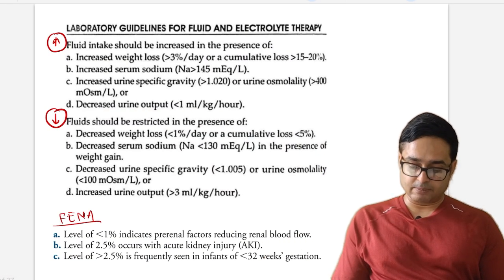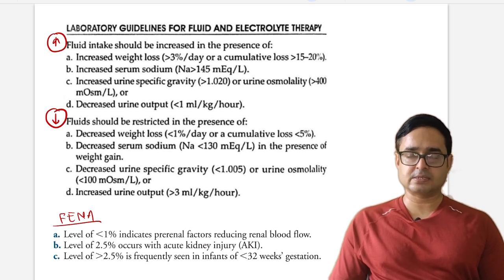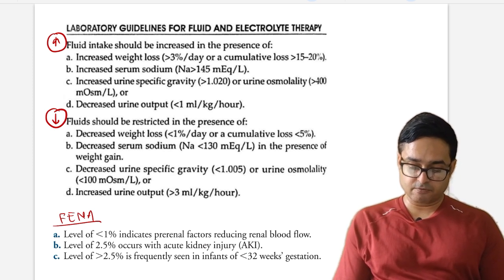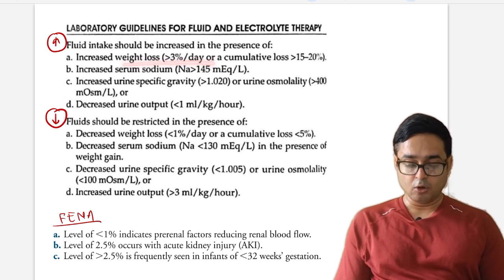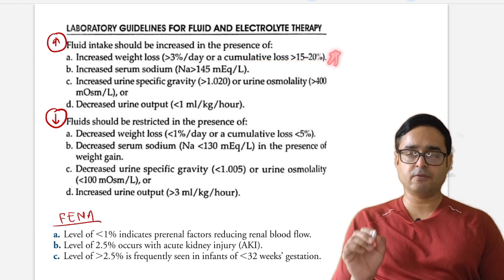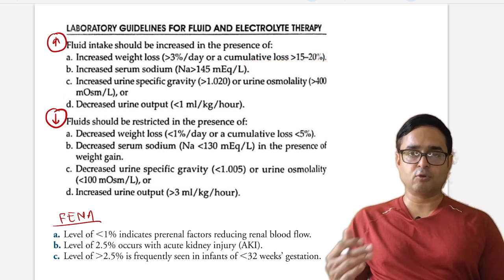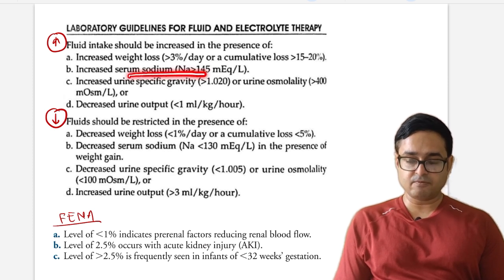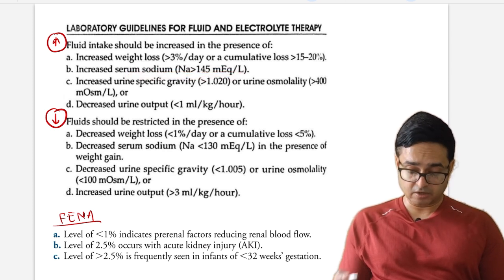Now laboratory guidelines for fluid electrolyte therapy, just a simple explanation of what we have learned so far. Fluid should be increased in which conditions? If your neonate has weight loss of more than 3% per day or cumulative loss of more than 15 to 20%, give fluids. If serum sodium is increasing above 145 milliequivalent per liter, give fluids.